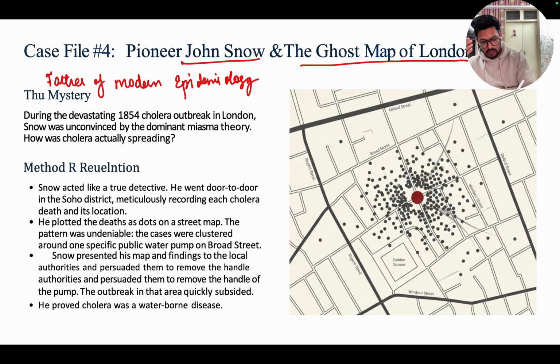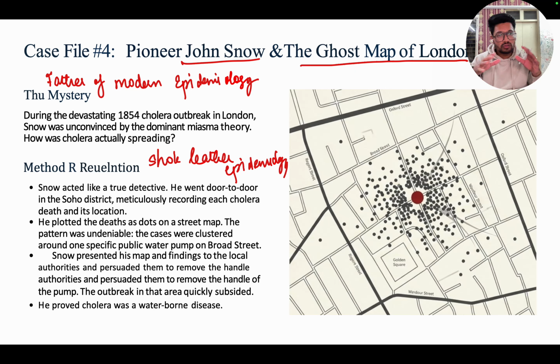He is also known for shoe leather epidemiology, a household to household survey. John Snow prepared a map of the cholera outbreak in London in 1854. He mapped 13 public wells and all the confirmed cholera deaths.